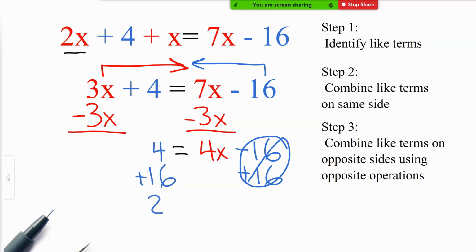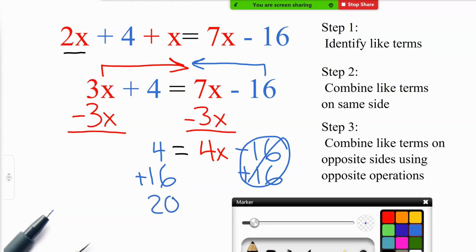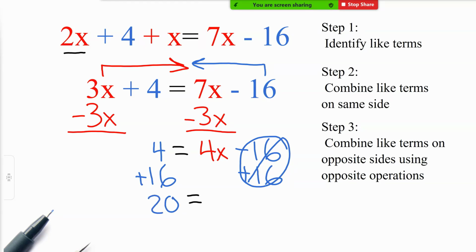And I'm left with 20 equals 4x. Now, mathematics is the study of patterns, and solving equations follows a pattern. Okay? These systems of rules and mathematical laws govern how we do this.